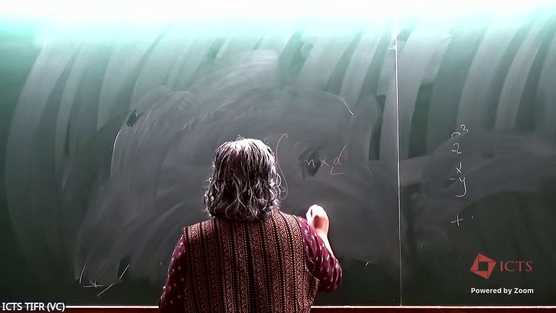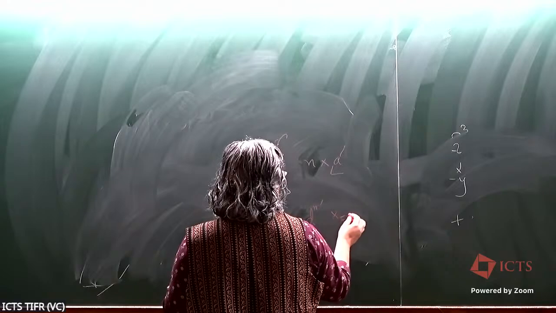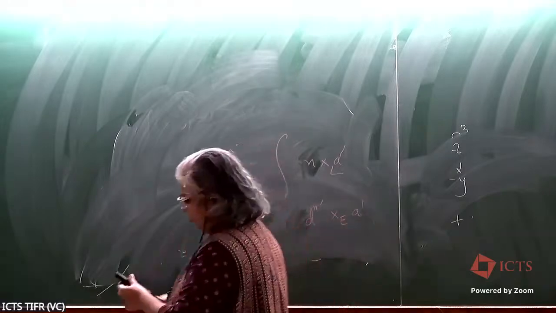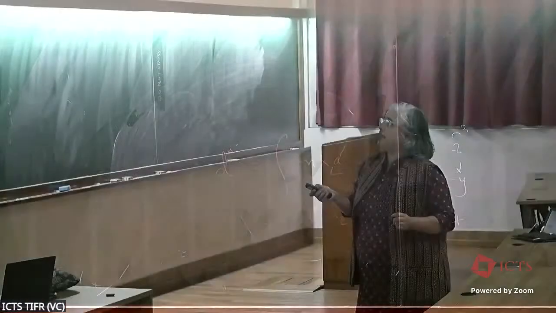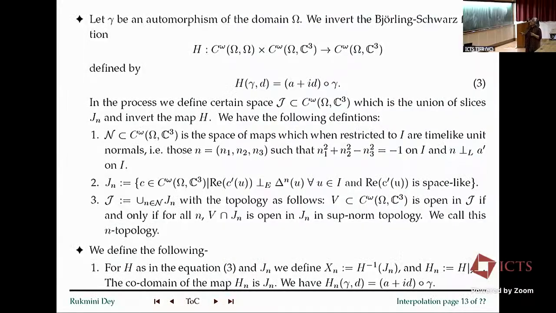So d n prime E perpendicular to A cross A prime. So some geometric considerations and analytic considerations give you these spaces. And in this space, slice by slice, actually we invert it.